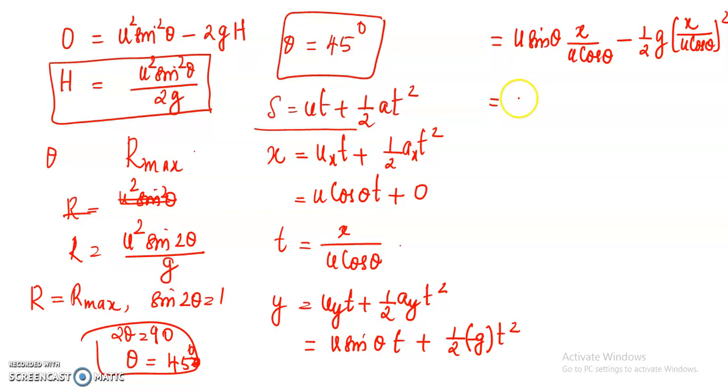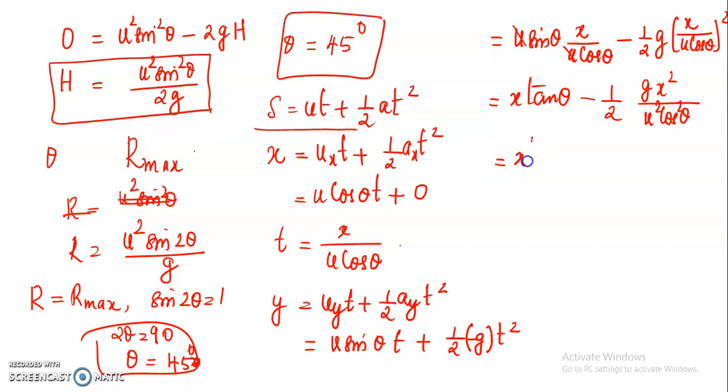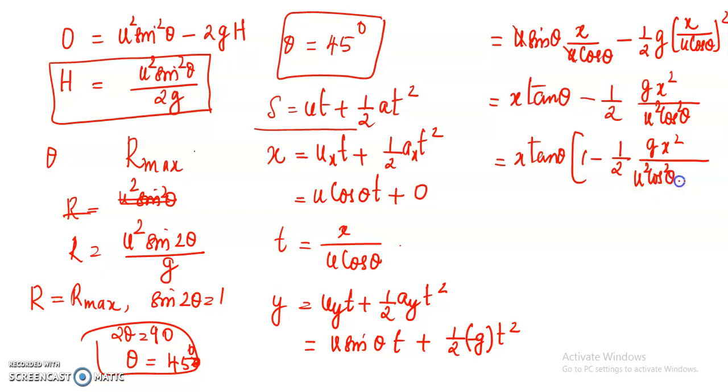That equals x tan theta, because sin theta by cos theta is tan theta, and u and u get cancelled. So x tan theta minus half g x square divided by u square cos square theta. Taking x tan theta outside, we get x tan theta into 1 minus half g x square divided by u square cos square theta into tan theta.